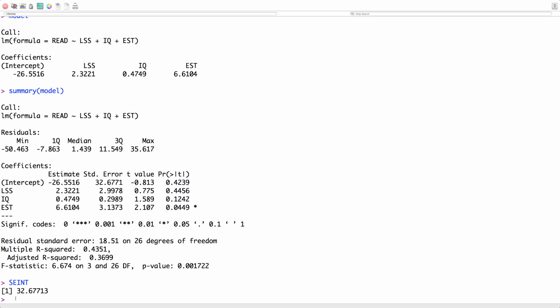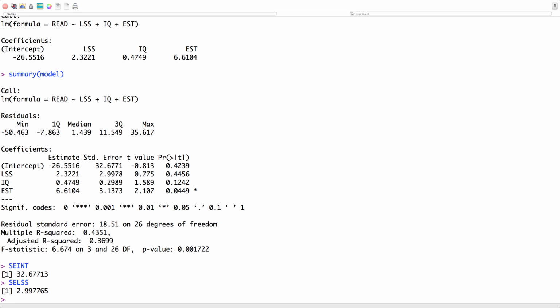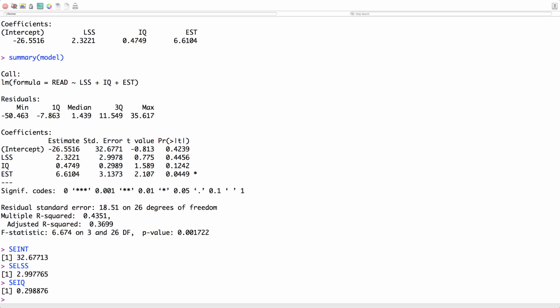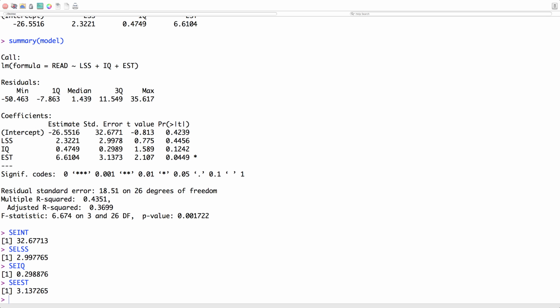The standard error for LSS was 2.9978. We did the standard error for IQ, which was 0.2988. And you can see that everything is, of course, matching up, which is always cool. We've had some videos before where it did match up, right?